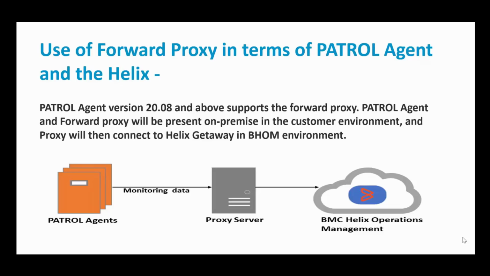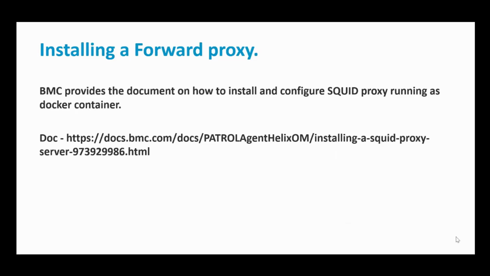You can set up a proxy server in your infrastructure environment so that Patrol Agent can communicate with BMC Helix Operations Management via a proxy server. This will create an additional layer of security. In this kind of setup, multiple agents will connect to the forward proxy, and in return, the forward proxy will pass the traffic to the BMC Helix gateway, which in turn will provide that extra level of security.